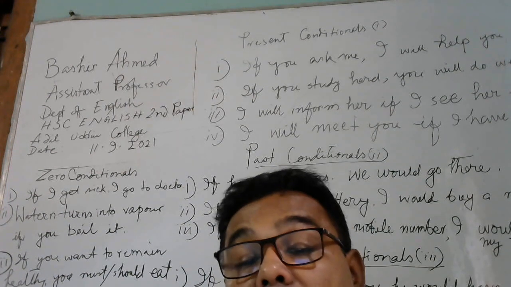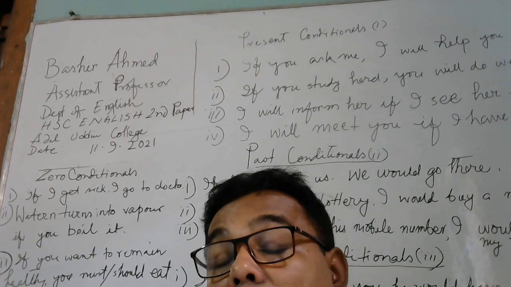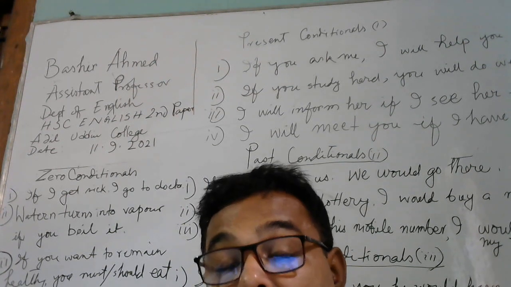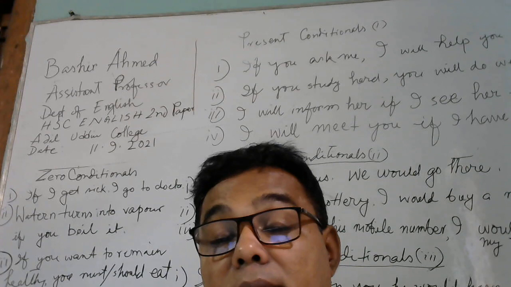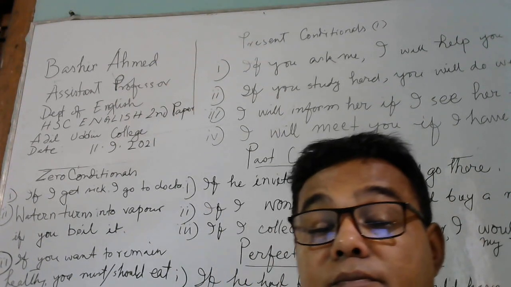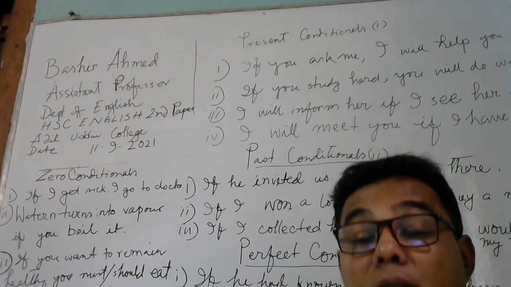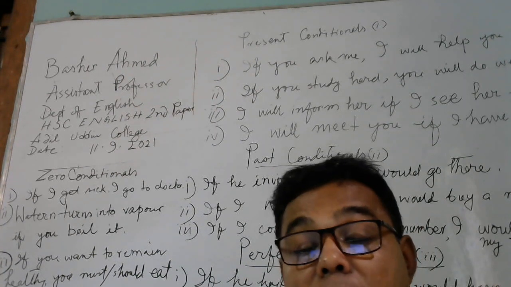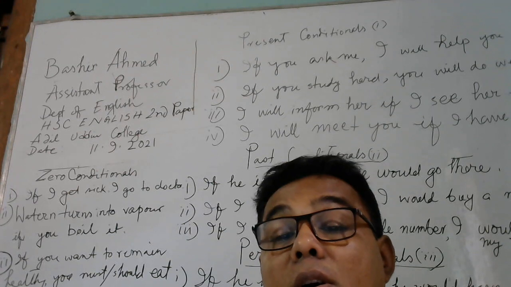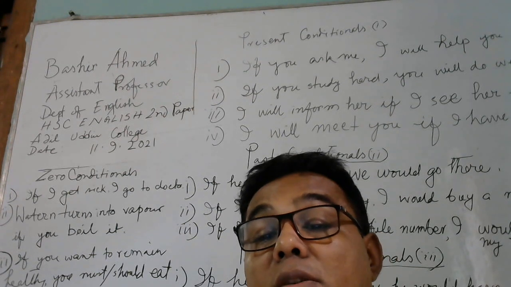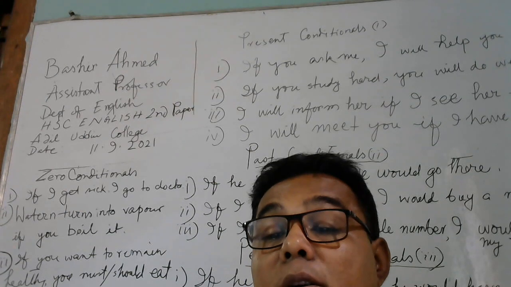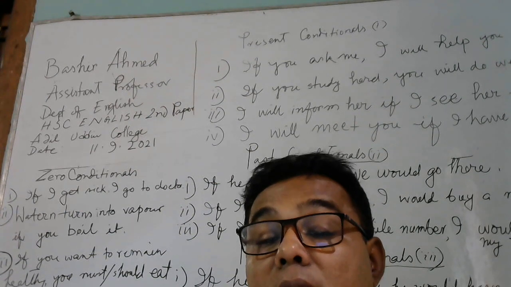Next example, I will meet you if I have time after my class, like this. So, in the present conditionals, you have to understand that we have used future indefinite.